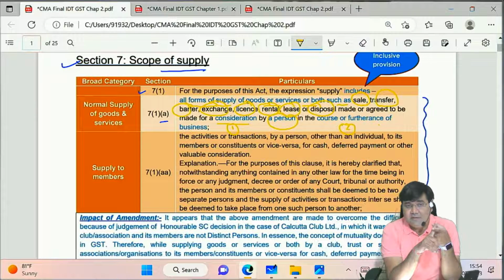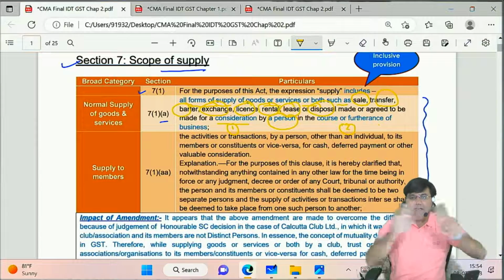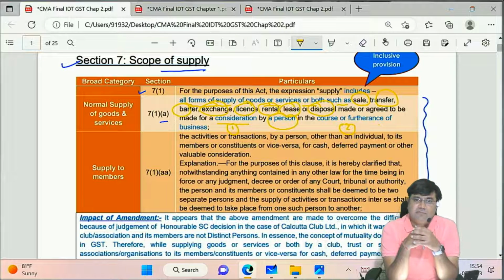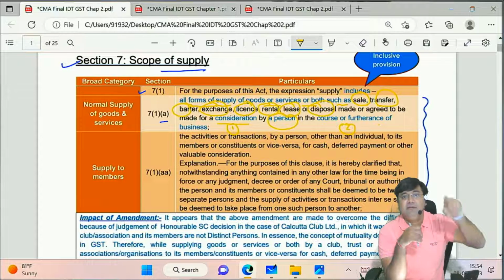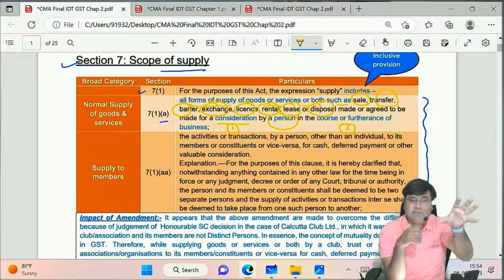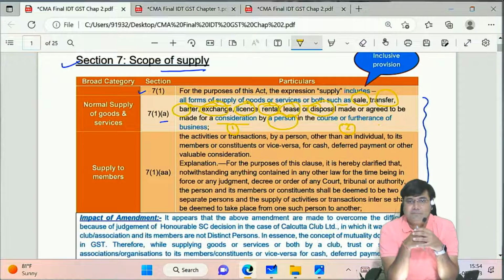Whether consideration is there, whether business is there, in the course of furtherance of business. If both the conditions are satisfied, then it is supply subject to GST. So what are those two conditions? Consideration, in the course of furtherance of business. If these two conditions are satisfied, then it is supply subject to GST.